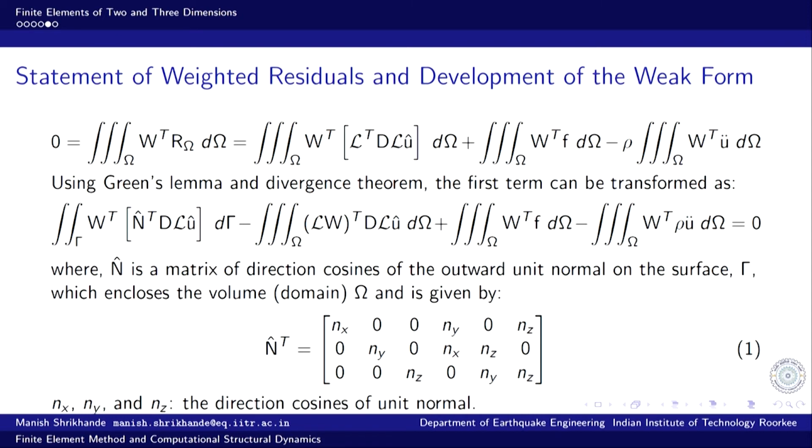For example, for 3 dimensional, the domain is 3 dimensional. So, the element has to be a volume element, it has to enclose a volume. Now, the simplest regular figure which can enclose a finite volume is a tetrahedron with 4 vertices. So, that is the simplest finite element in 3 dimensions, 4 noded tetrahedron.